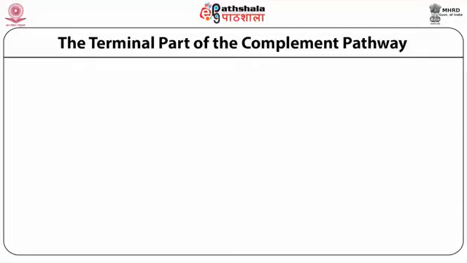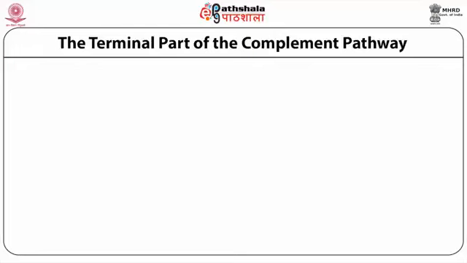From this point onwards, it is called the terminal part of the complement pathway, and this terminal pathway is common for both the classical pathway as well as the alternative pathway. So, C3b formed from either pathway initiates the late phase or terminal complement pathway.